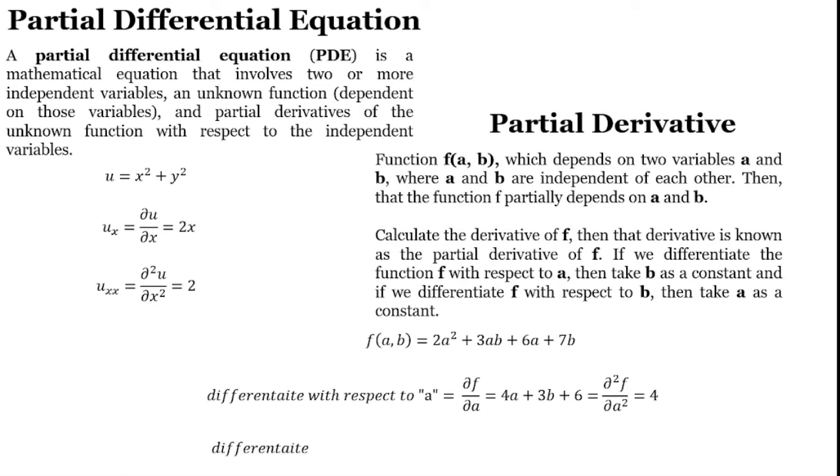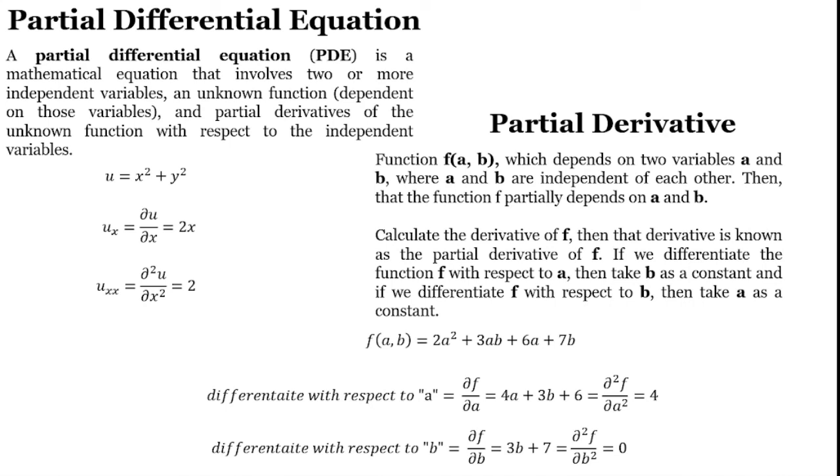What happens if I differentiate with b? Yes, we can see, differentiating with b, dou f by dou b: a is the constant, so I can remove the a terms from that equation, so 2a square is removed. After that, plus 3ab is available, in which a is the constant, so I get 3a; plus 6a, where a is the constant, so I removed that element from the equation.